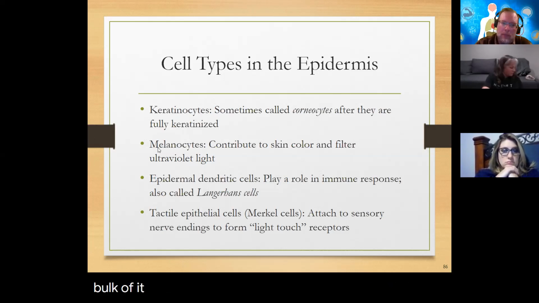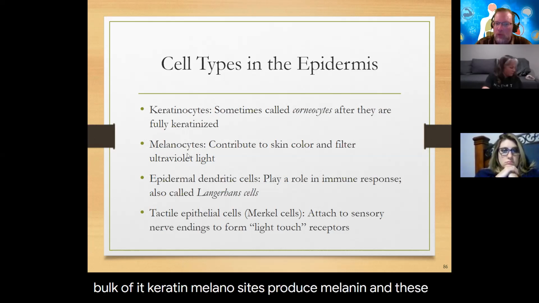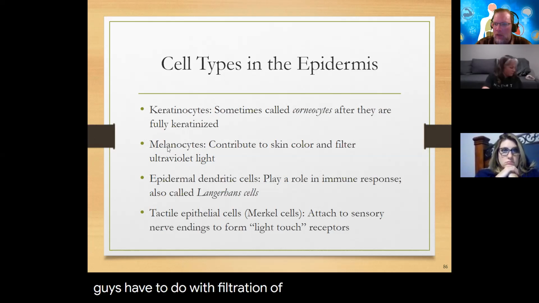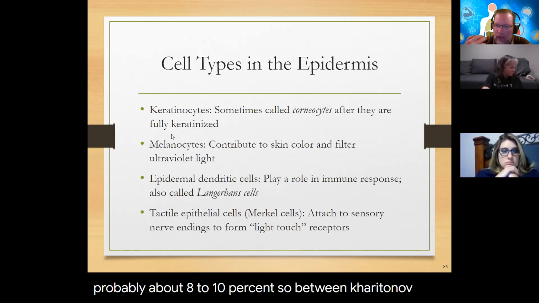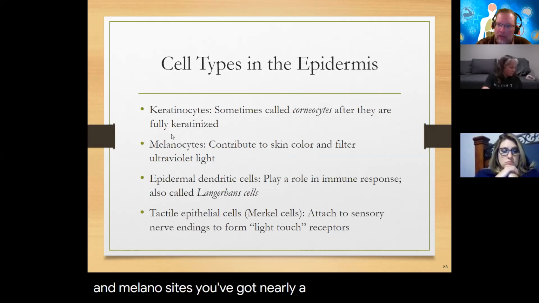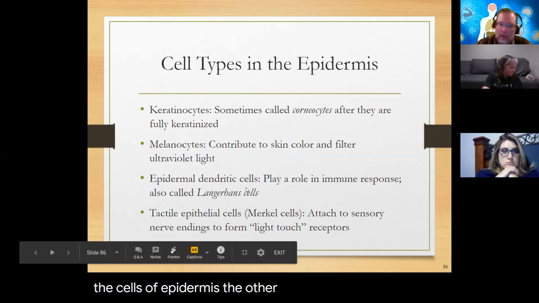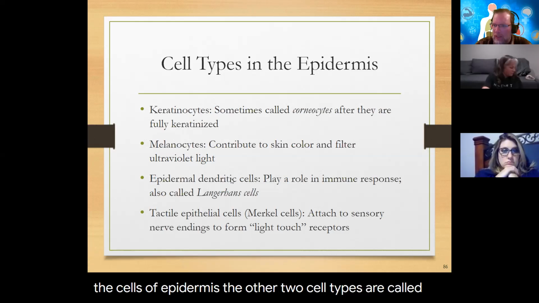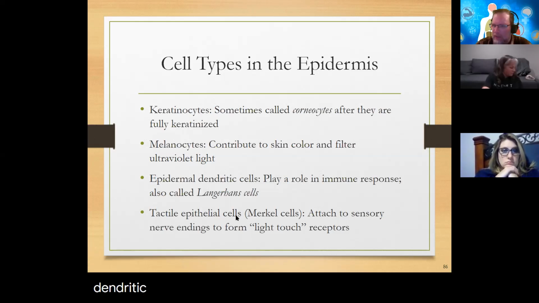Keratin. Melanocytes produce melanin, and these guys have to do with filtration of UV rays. Melanocytes are probably about 8 to 10%. So between keratinocytes and melanocytes, you've got nearly 100% of the cells of the epidermis. The other two cell types are called dendritic cells and tactile cells.